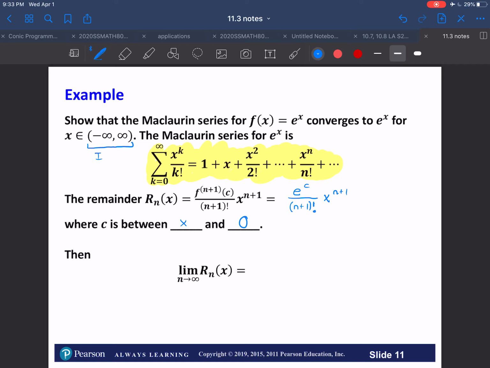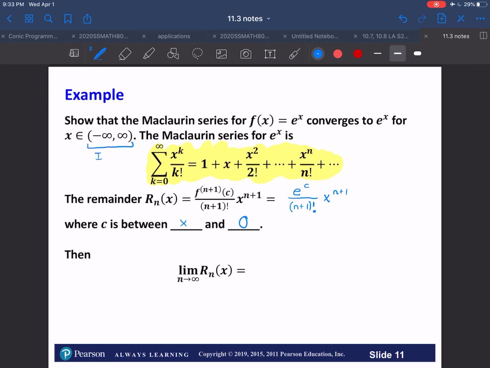So then, we know that the limit as n approaches infinity of R_n of x is equal to, well, in this case, this e to the c is just some number, right? There are no n's in it, so we can pull that outside of the limit. It's treated as a constant.